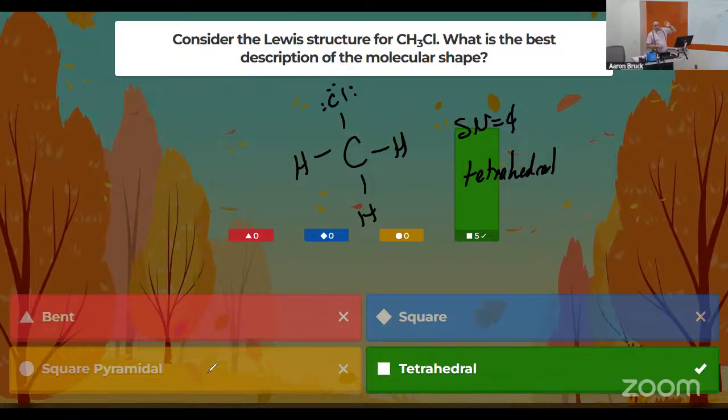Tetrahedral is sp3. sp3 is 109.5 degree bond angles. I can rattle off all of that information in 20 seconds, especially with the chart right there in front of me. And so the beauty of that is that from that piece of information, I could pretty much answer any question they asked me. So long as I know how to draw that structure properly, I'm going to be okay.